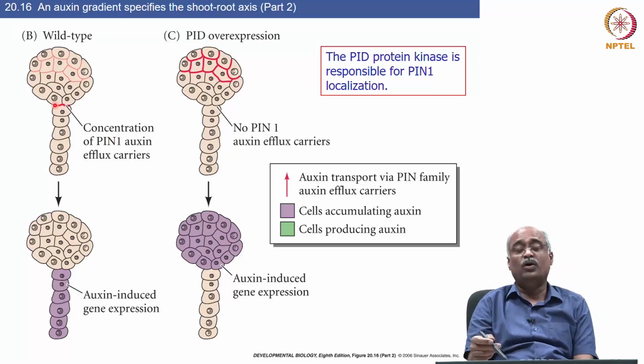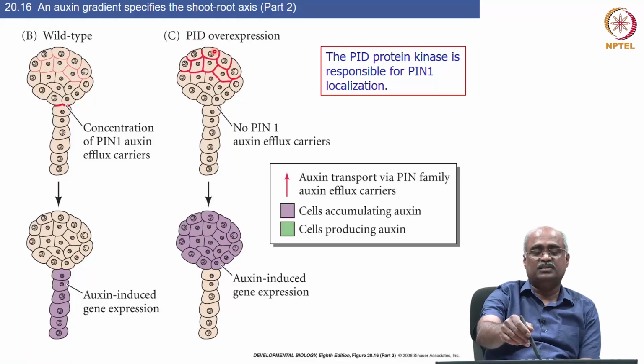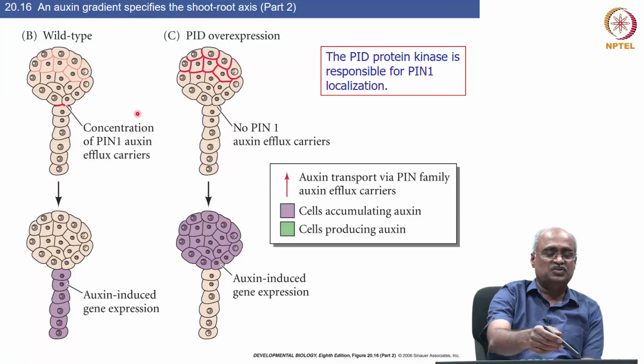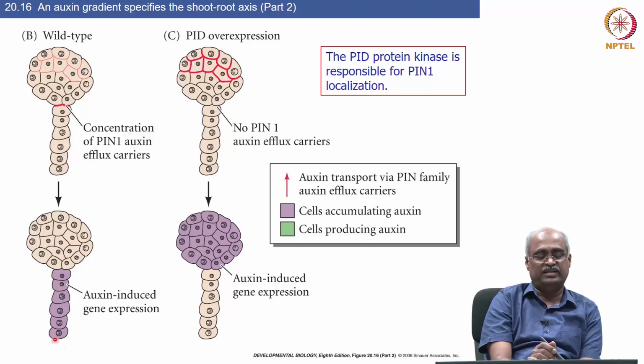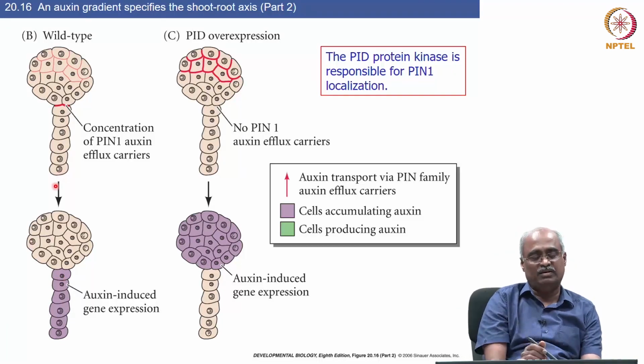Now if you overexpress PID in the apical part, as shown, PIN1 does not get localized here, its expression is not concentrated here, and as a result auxin does not flow towards this. So what is the consequence? If you look at the wild type, due to PIN1 localization here, auxin flowing there induces auxin induced gene expression in these cells, and that is critical for the root development.